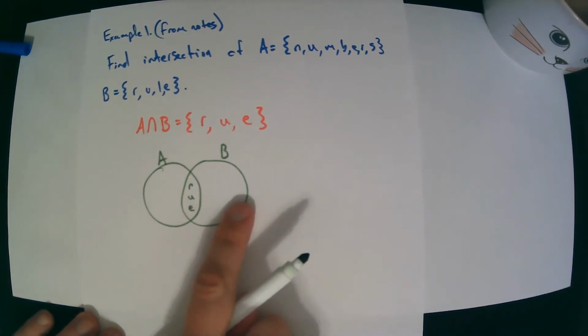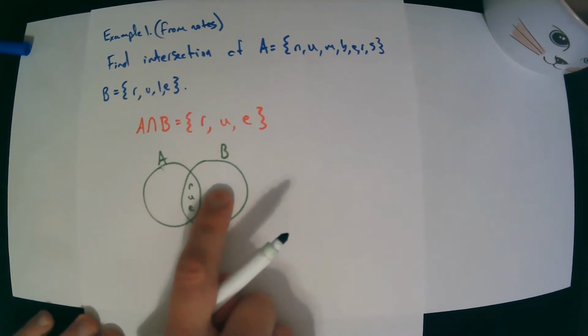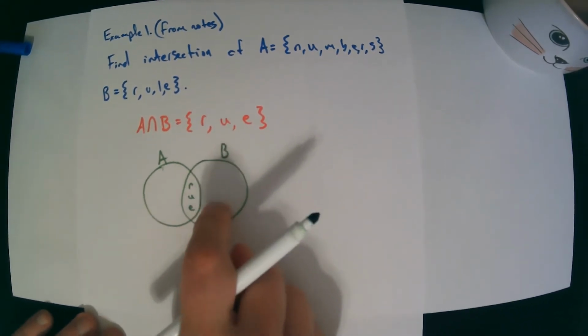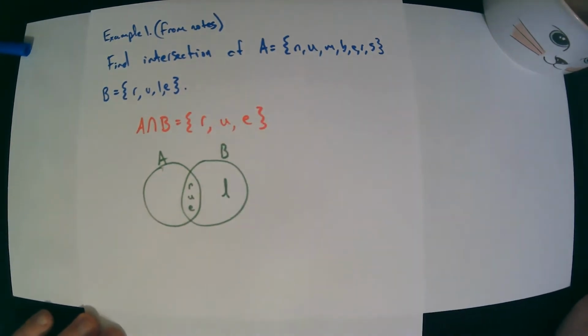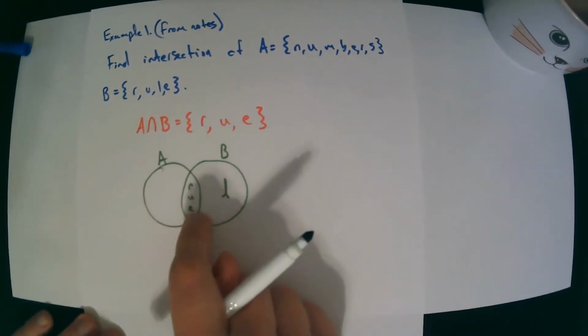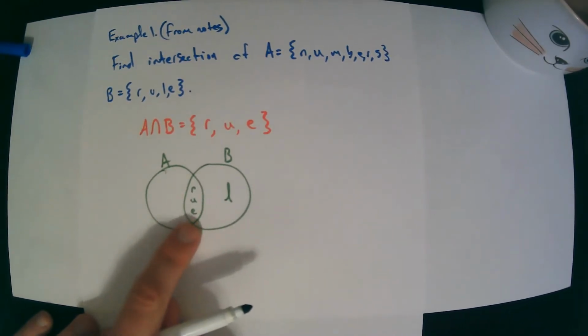What's left in B then? Look at this, B, R-U-L-E. So what do I write inside of B here? Do I write R-U-L-E? No, I only write L. I only write L because R-U-E is already inside of B, it's just over here, it's stored in this part.